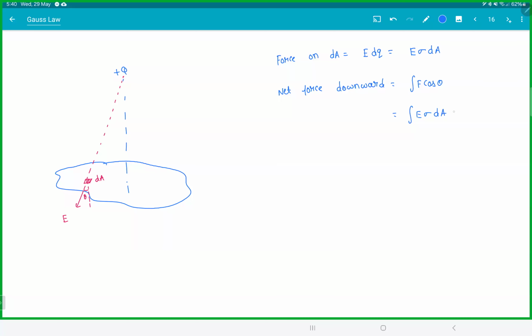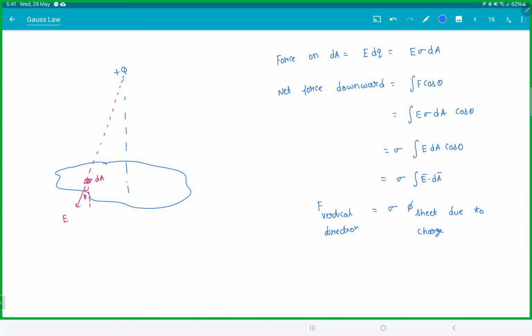So if sigma comes out, you end up with sigma integral E dot dA, which is nothing but sigma into flux through the sheet due to the point charge. This gives you force in the vertical direction. This does not give the net force.